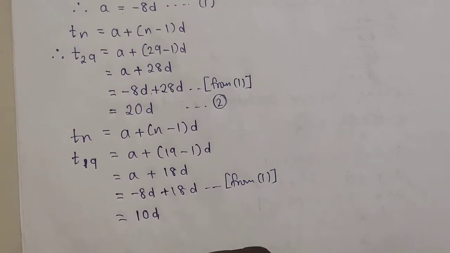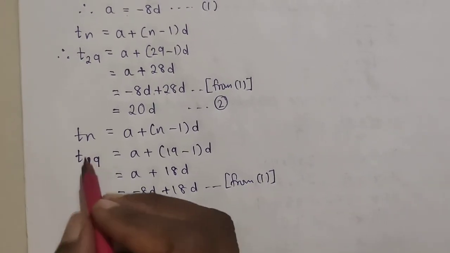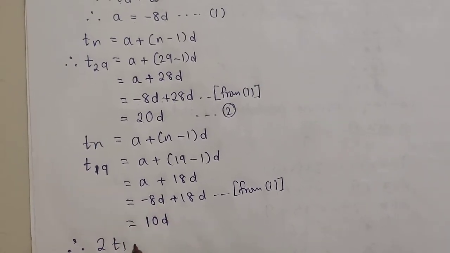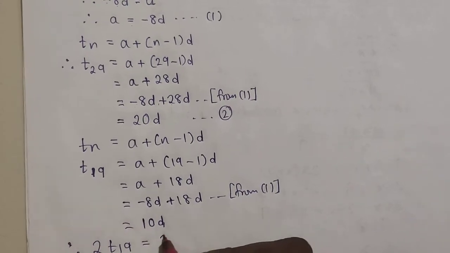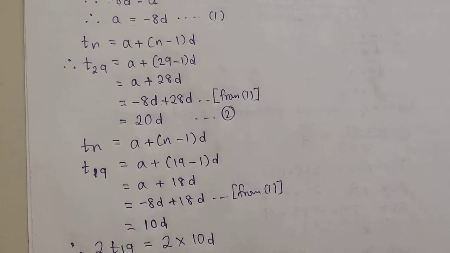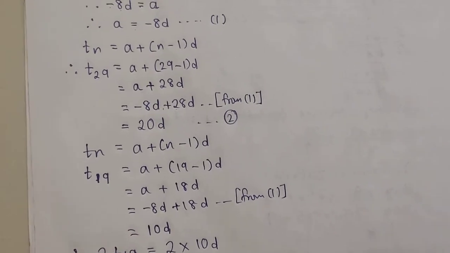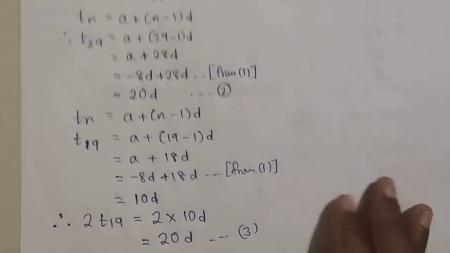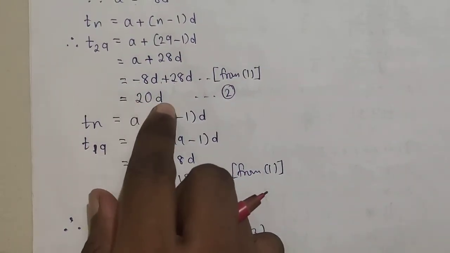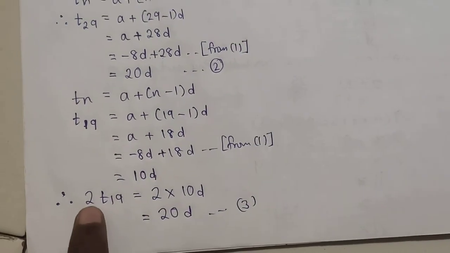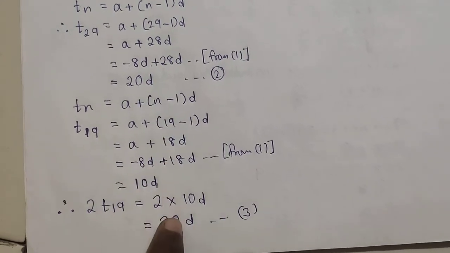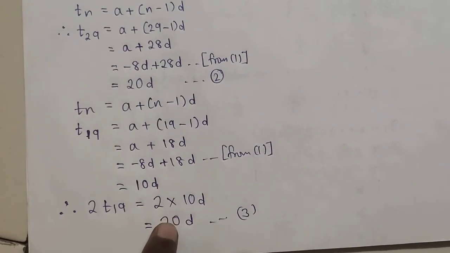Okay. Now we want twice of this. Therefore twice of T19 is equal to twice of 10d, and you know twice of 10d is nothing but 20d. Call it equation number 3. Now you can see equation 2 is what? T29 is equal to 20d, and here twice of T19 equals 20d. So the RHS of both is same, 20d, 20d.